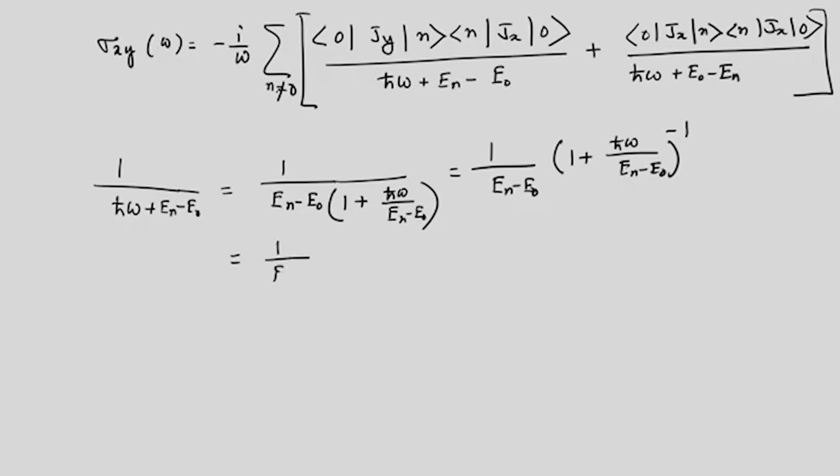So this is 1 by E_n minus E_0 plus, so this is equal to minus ħω divided by E_n minus E_0 whole square. So I do a binomial expansion and the minus sign gets replaced here, okay, at this place. And then of course these are terms which are omega squared that are neglected.